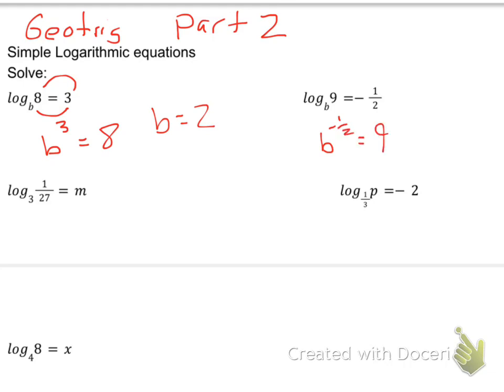Now this one is interesting. We have a couple different ways to handle this, but let's think it through, and I'll go back to that first problem and show you a different way of solving, other than just using your intuition and number sense.